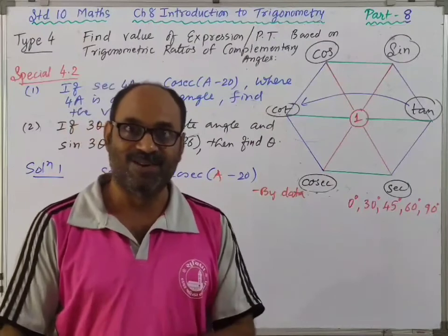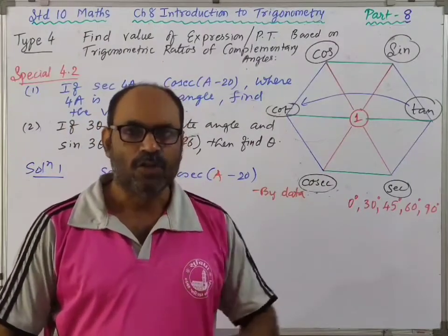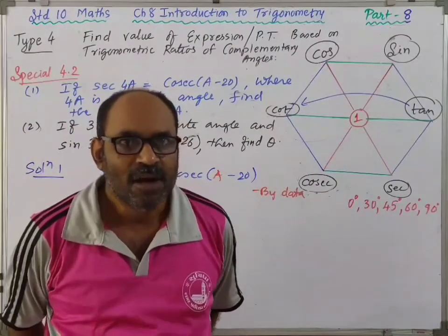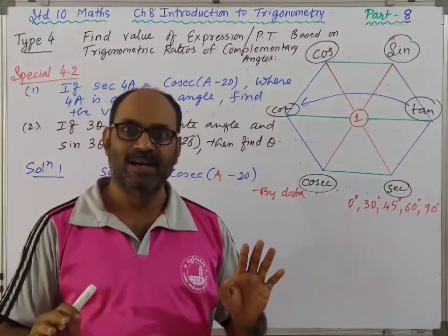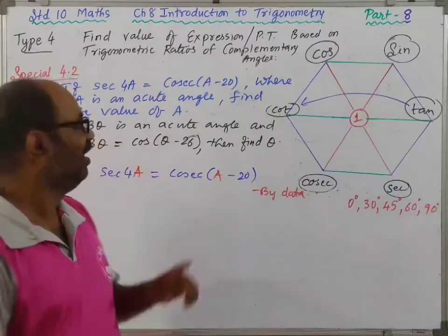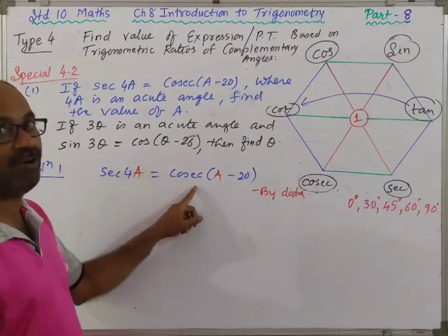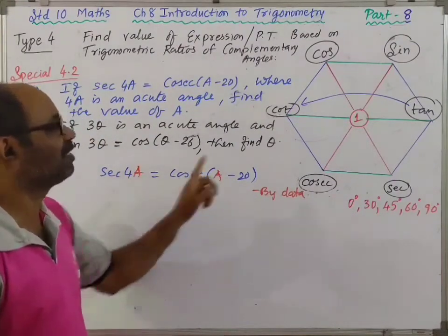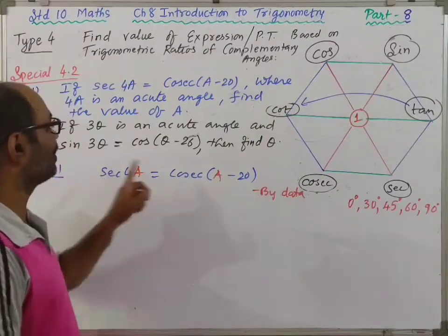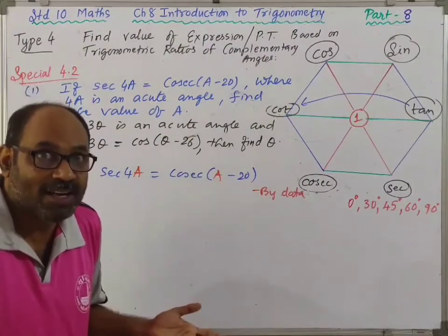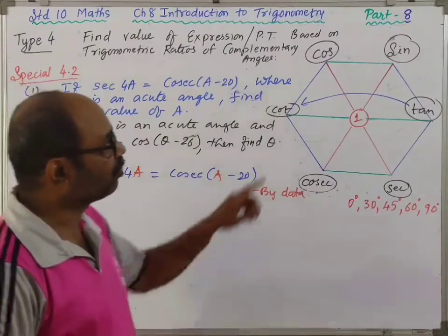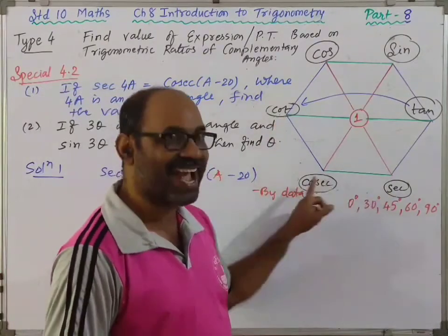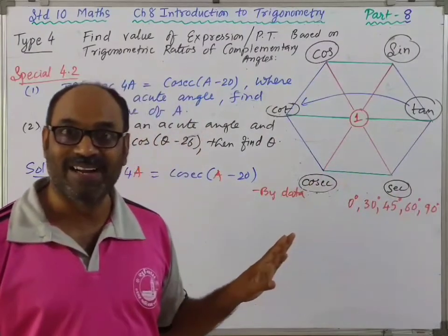Then I can get the value of a. Correct? So how to get the equation? It means we have to eliminate sec and cosec. So you use complementary. It will be eliminated when both are sec. Sec of something is equal to sec of something, or cosec equal to cosec. Only then will it work. Here there is sec and here there is cosec. So sec and cosec, luckily they are complementary.